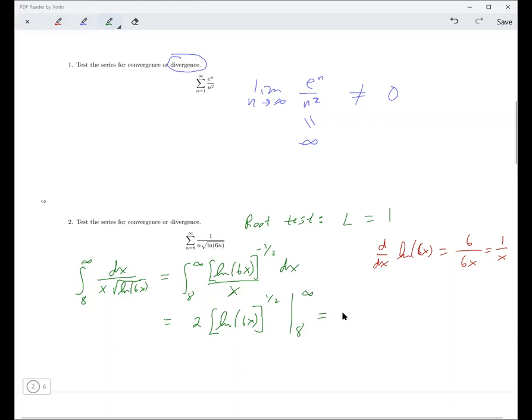So basically you're looking at the limit, infinity minus some finite number, and so this is going to be infinity. So it diverges also.